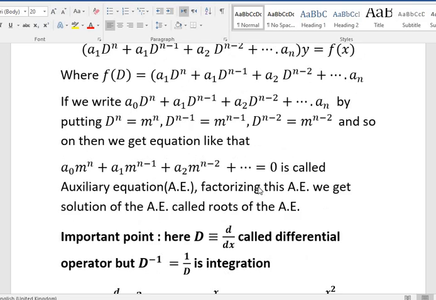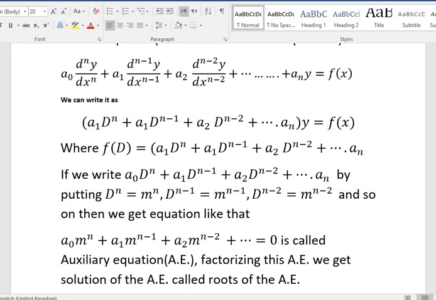On the basis of that, as I told you, a naught D power n plus a1 D power n minus 1 plus a2 D power n minus 2 and so on plus an, times y equal to f of x.